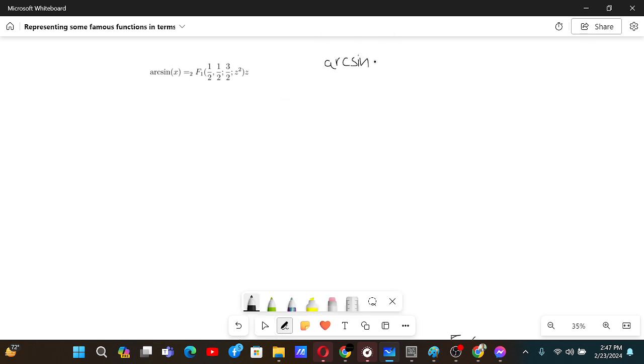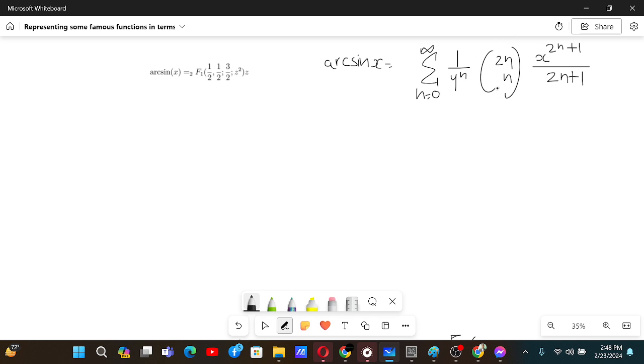Arc sin of x is actually the sum going from n equals 0 to infinity, of 1 by 4 to the power n, 2n choose n, x to the power 2n plus 1 by 2n plus 1. So this is the series expansion for arc sin x.